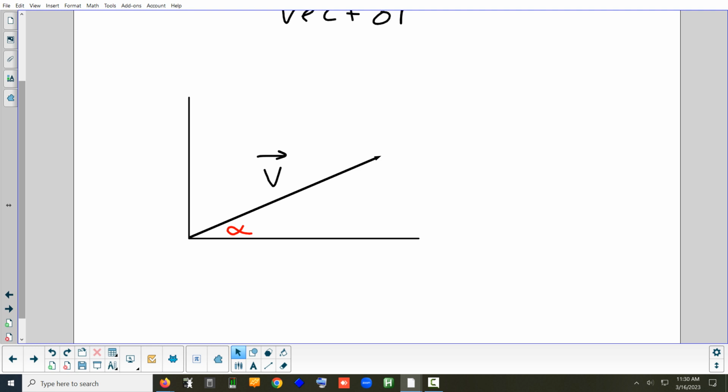How fast is it going? What angle is it going at? And then we can figure out the horizontal component of the vector, and we can figure out the vertical component. So we have to break the vector down into its components.